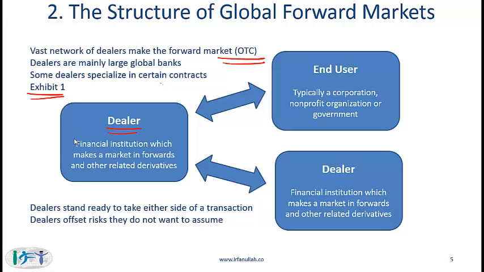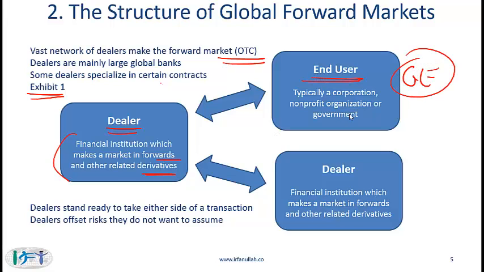Here is the definition of a dealer: a financial institution which makes a market in forwards and other related derivatives. A dealer can deal with an end user, which is typically a corporation or a non-profit organization or a government. Now, a situation such as the following might exist, where you have an end user.